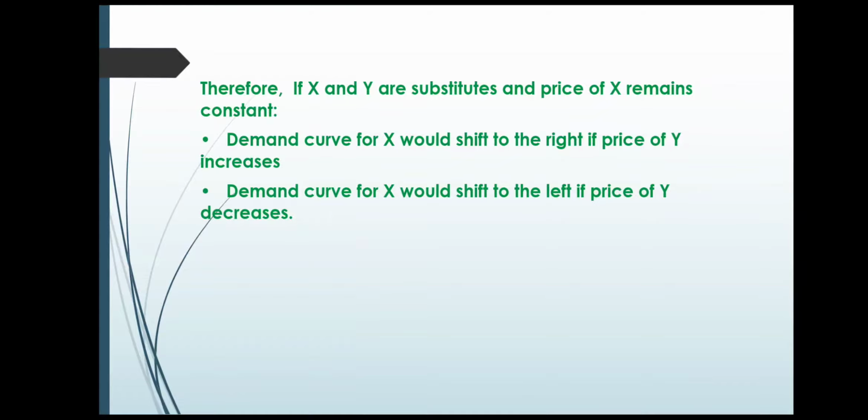But since they are substitute goods, if the price of Y increases, then people will shift to X, and as a result the demand for X increases. And if the price of Y decreases, then the demand curve is going to shift leftward.